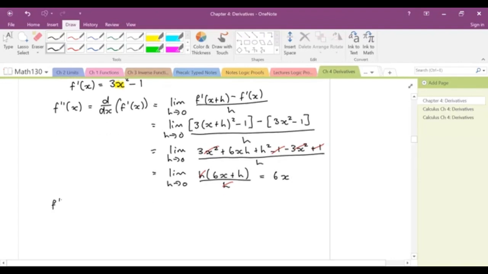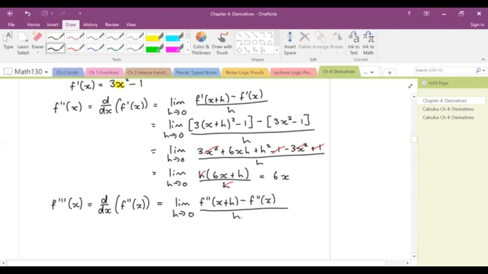Now we want the third derivative, f triple prime of x. So that is d by dx of f double prime of x. So we're taking the derivative of the second derivative. Now, according to the definition, it is the limit as h tends towards 0 of f double prime of x plus h minus f double prime of x all over h.